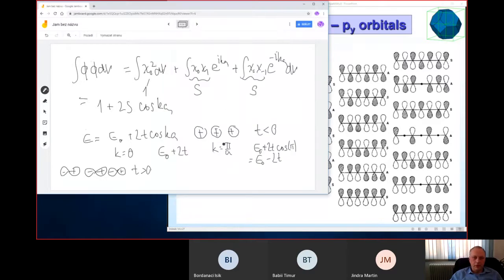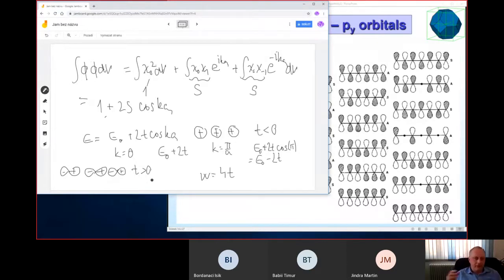You could also note that the bandwidth, which is sometimes denoted as W, in this case is 4t. So the greater the parameter t, which is the measure of the covalent interaction, the broader the band.